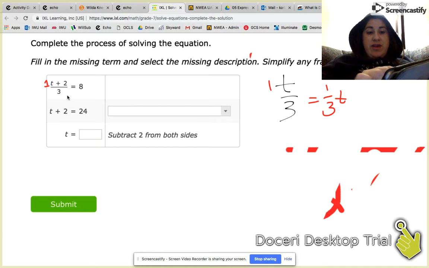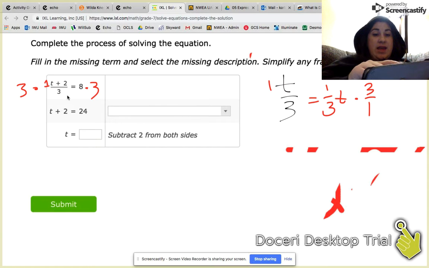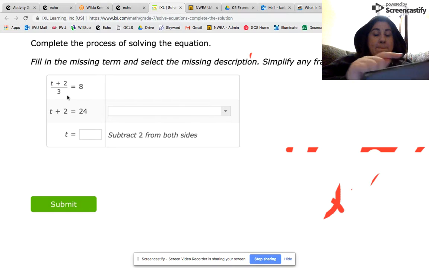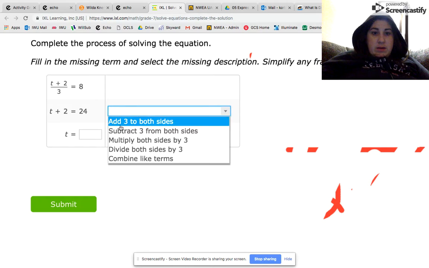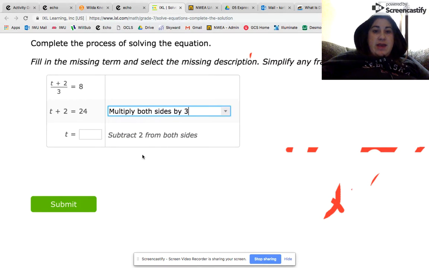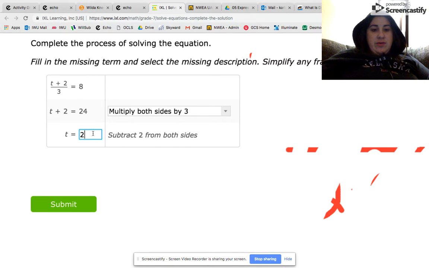And how did we get rid of that 1/3? Well, we multiplied by the reciprocal, which is 3 over 1. So we are going to multiply each side by 3. Let's see if that's an option. Multiply both sides by 3, and then it says subtract 2. So subtracting 2 from 24 gives me 22.